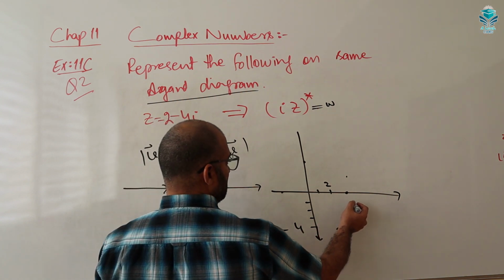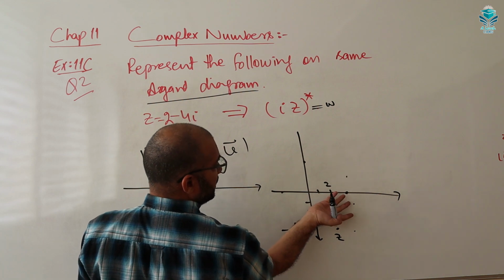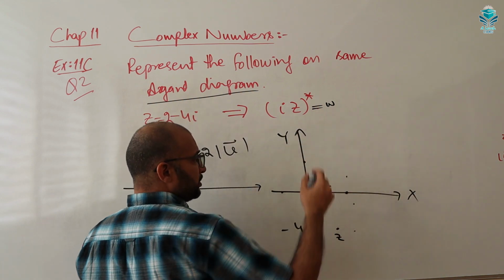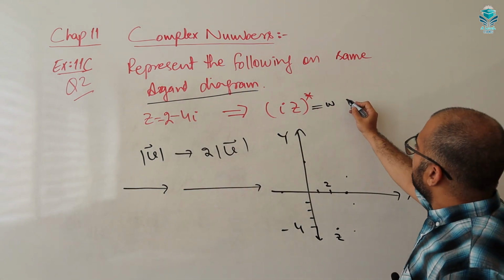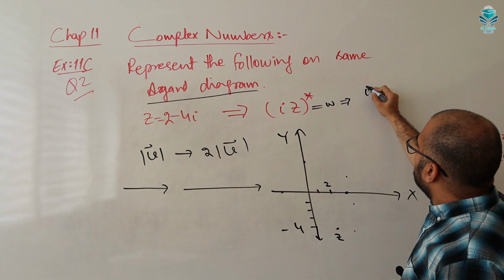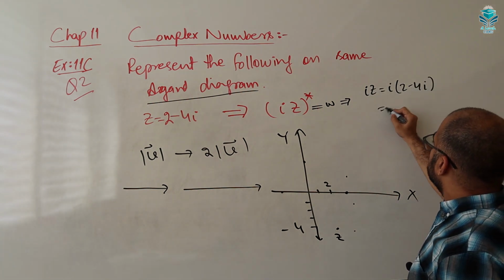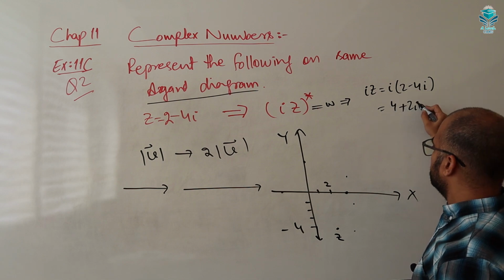We have to move this number. Let's say it will be here, and after that we have to take its conjugate, meaning we have to take the reflection about the real axis. So now we evaluate this number and see the exact diagram. It can be written as iota Z is iota times 2 minus 4 iota, which, since iota square is minus 1, is 4 plus 2 iota.